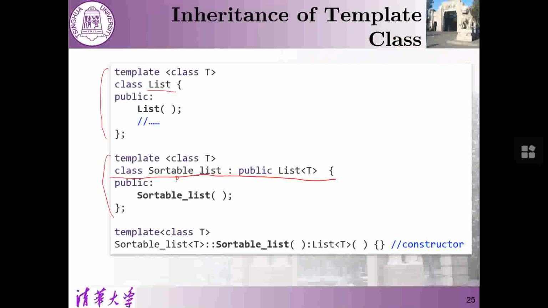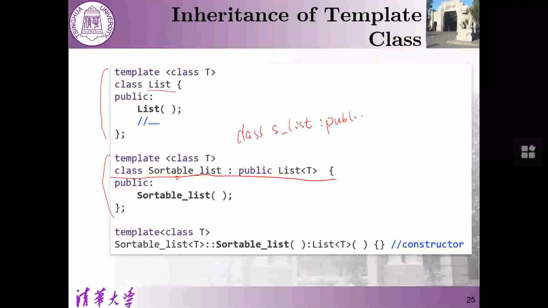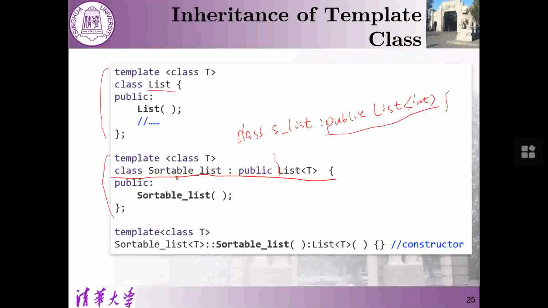However, we mentioned that in our previous slide, our example is like this. We can define a class, right? For example, S list. We can define it in this way, actually. So this is another way, because we have mentioned that anyway, this list int should be a class.